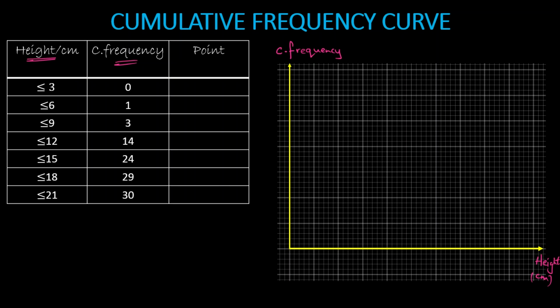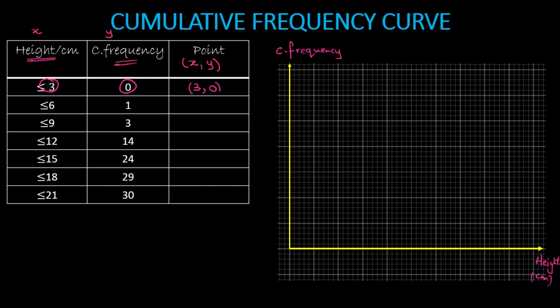Okay? Now think of this. The height is on the horizontal axis. You think of it as simply the x coordinate. The cumulative frequency on the vertical axis, we take it to be the y coordinate. So any point on this graph will be denoted by (x, y), meaning the value of the height, followed by the value of cumulative frequency. So the first point will be x. X is 3 here, so it is (3, 0).